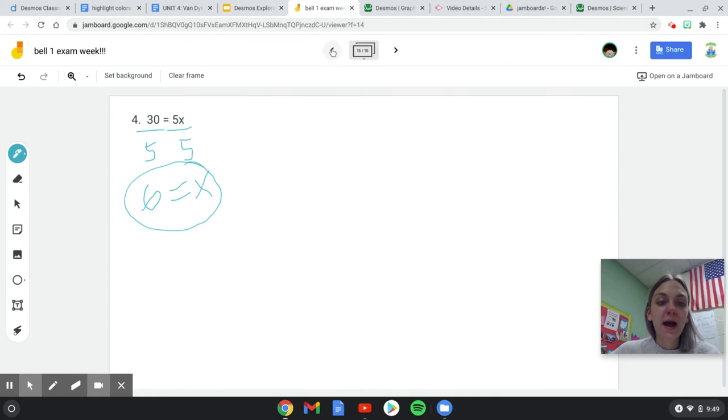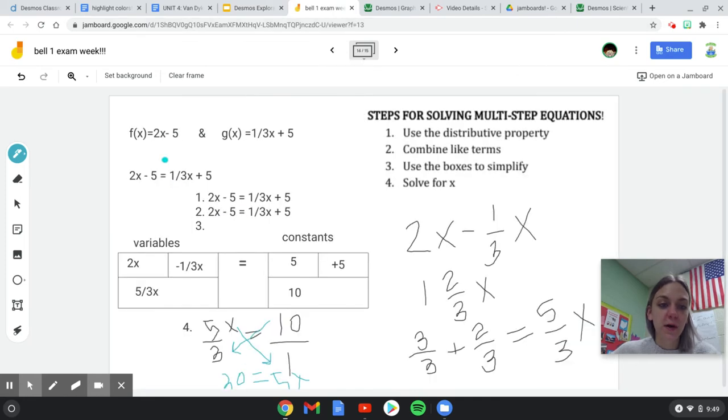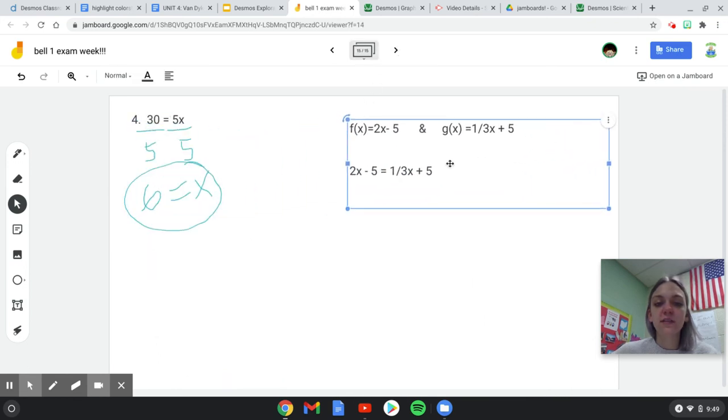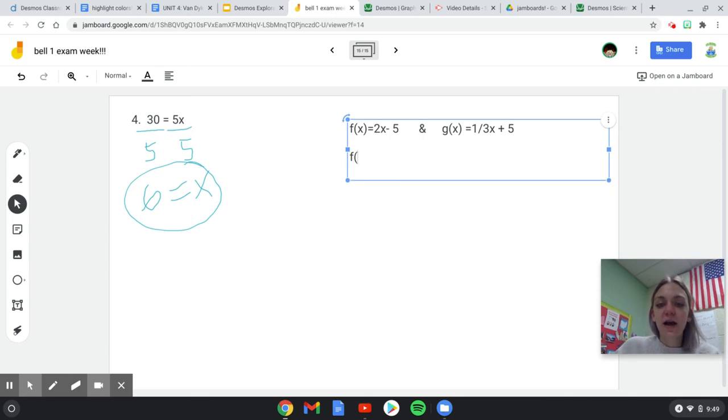So coming back to my paper, I've got these two functions, and I'll do this work over to the side. I'm going to start with f of x.